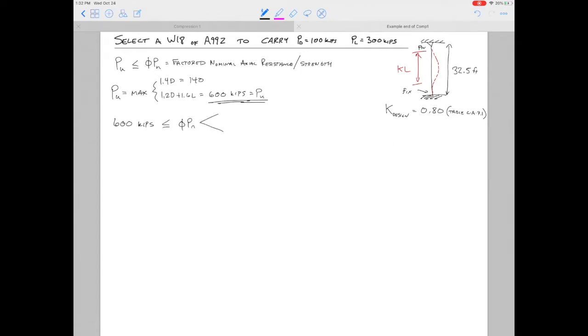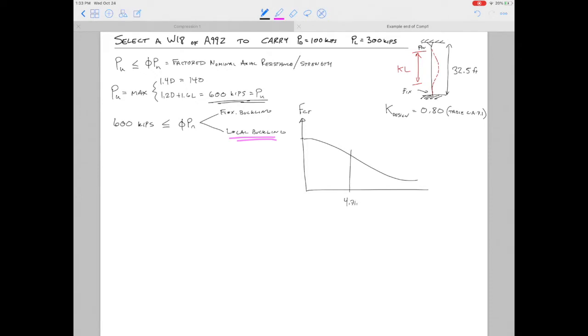And this phi Pn, remember now, this is the minimum of all of our limit states. Right, and for our limit states, we had flexural buckling and we had local buckling. Now for design, we don't really want to mess around with this one. For one, if we're picking a column, we're going to go back to this chart so many times, you're going to be so tired of it.